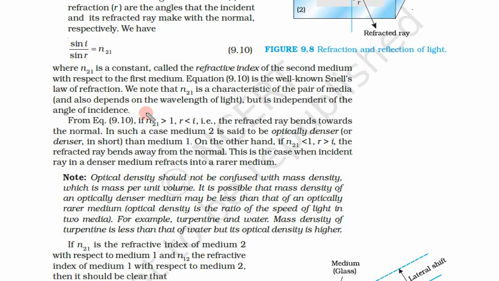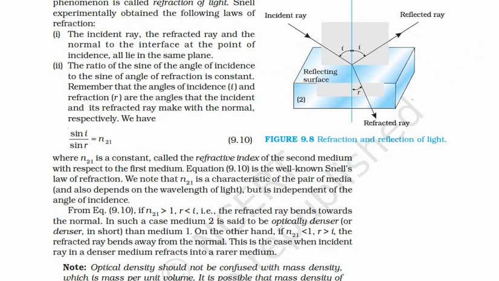Now let us see some of the cases. n21 is greater than 1. If we have such a medium which is denser, that means n21 is greater than 1, then r is less than i. So this is the case shown here.